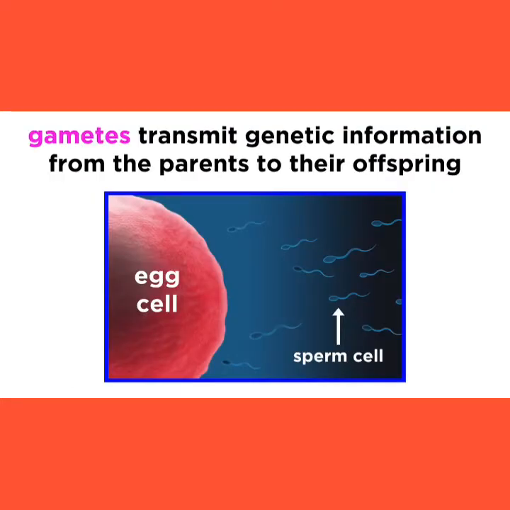These are the cells that transmit genetic information from one generation of an organism to the next. In humans, these gametes take the form of sperm and egg cells.